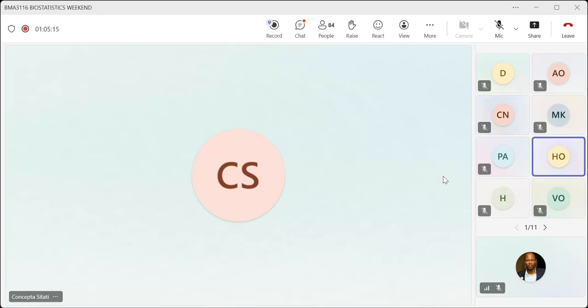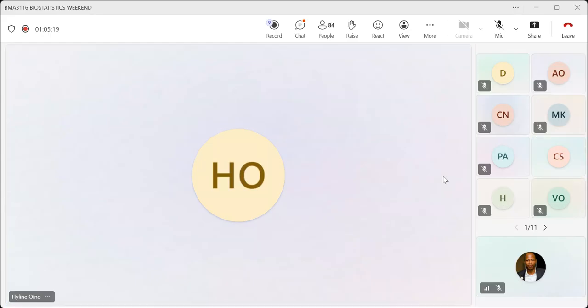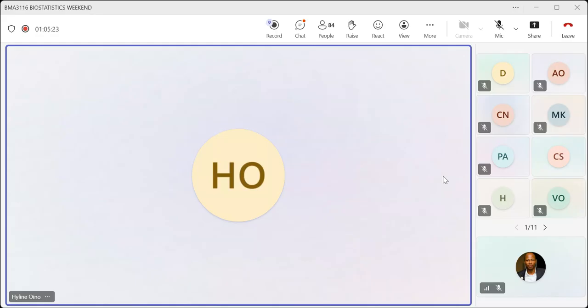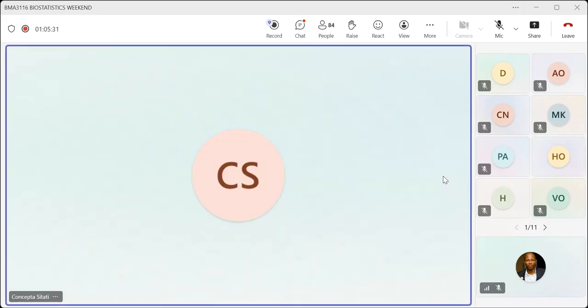The mean is 12.1. 12 point? 12.191. Summation of x over n.